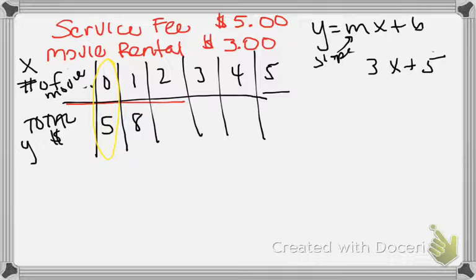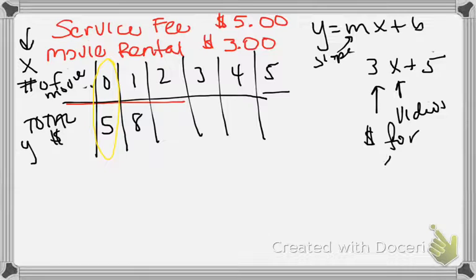Remember, it says here X represents the number of videos. This represents the cost of each video, that's how much they cost, $3 per video.